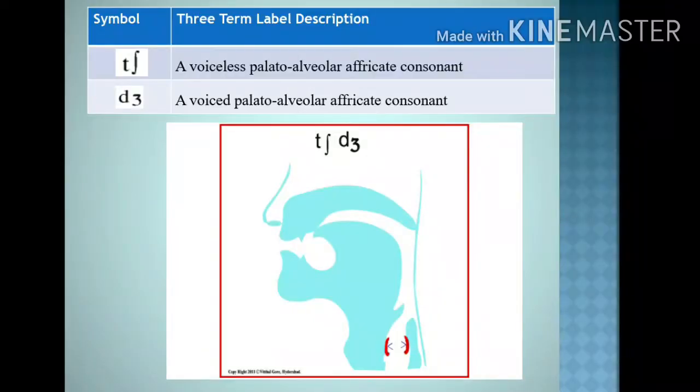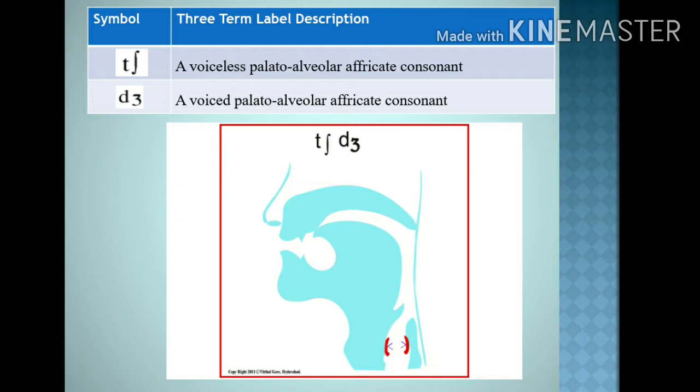Let us switch over to another pair. Here we study affricate consonant sounds. We have a couple given here, that is ch, j. See, don't call it like T and D, D3, something like that.